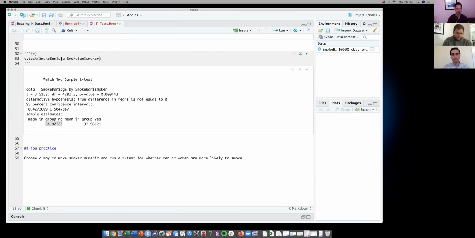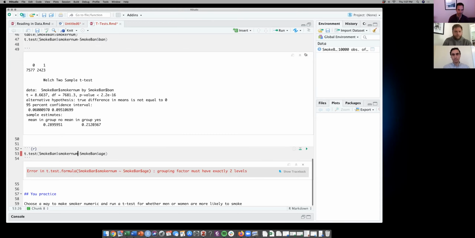If I wanted to switch those two variables and make age the independent and smoking the dependent, I would get this error that says the grouping factor must have exactly 2 levels, which is saying the group that I'm testing, age, has more than 2 levels. Right.